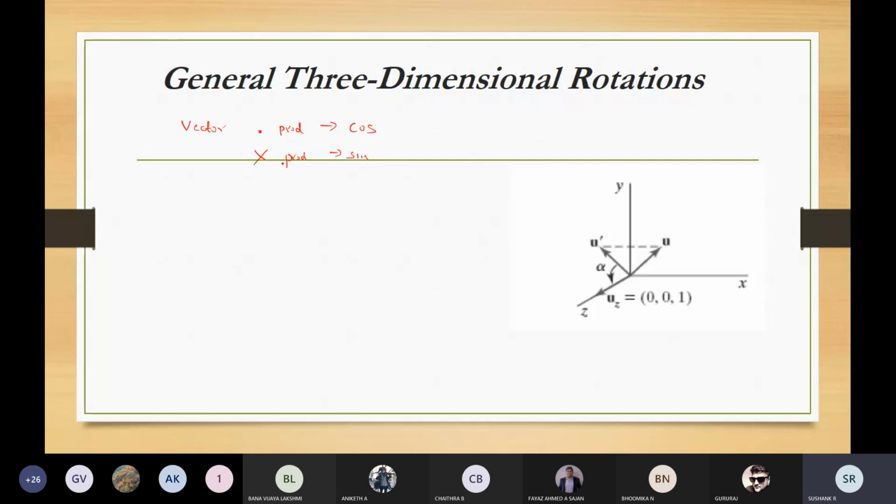If you want to calculate the cos term, use the vector dot product, and if you want to calculate the sine term, perform the vector cross product. Now we are rotating this vector by an angle alpha, and the position of this uz is given by 0 0 1. So now we are performing the rotation by an angle alpha, which is in the yz plane.